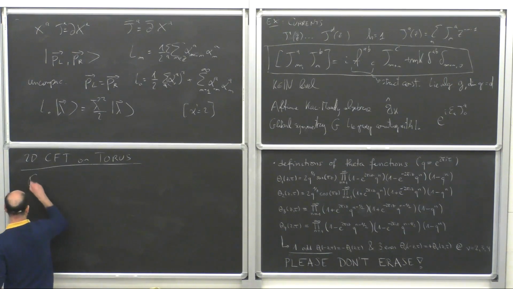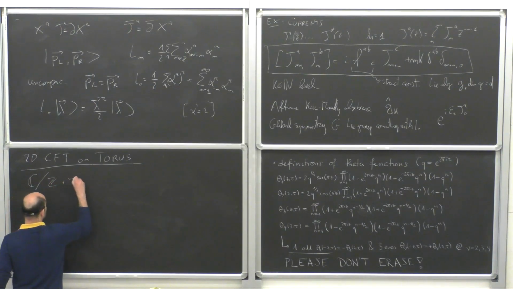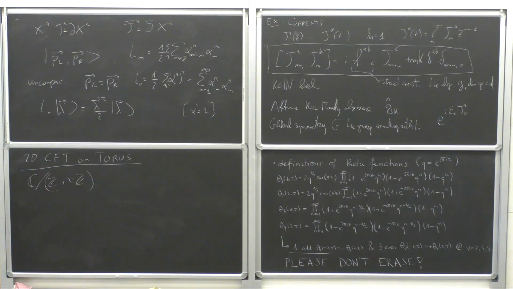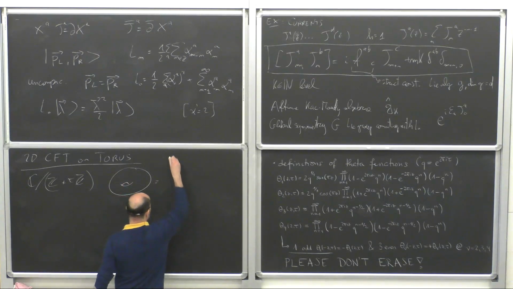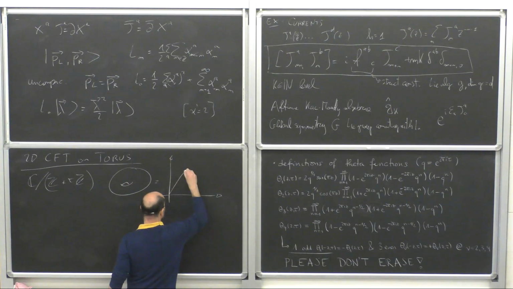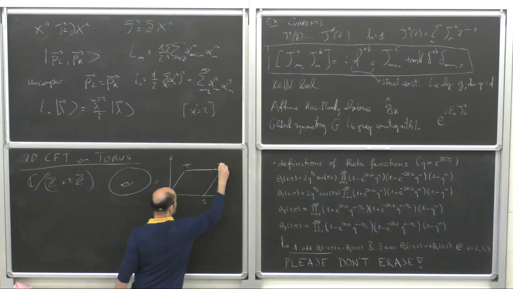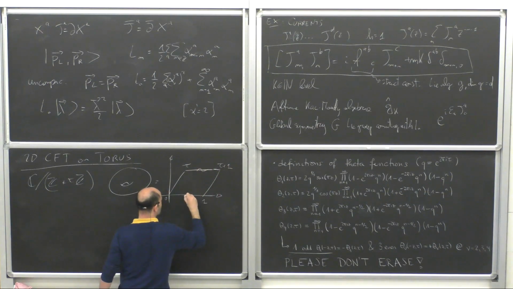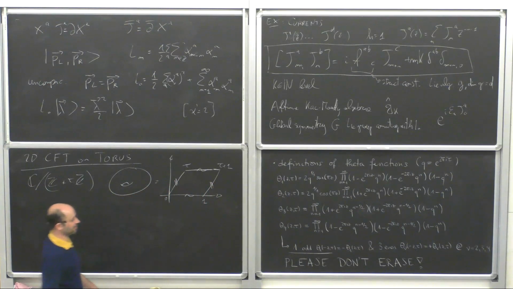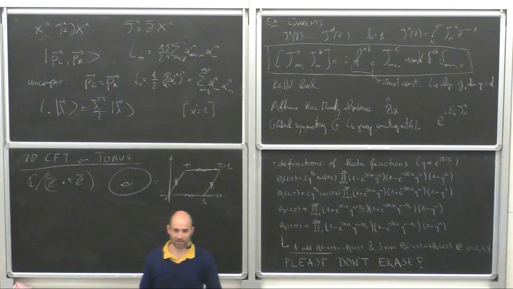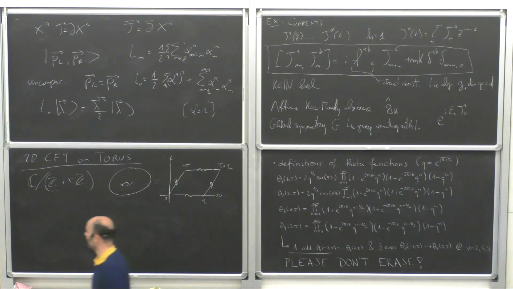We can describe every torus as a quotient of C by a lattice. So a torus corresponds to a parallelogram with vertices 0, 1, tau, tau plus 1, with opposite sides identified. What we want to compute is essentially the most stupid correlation function on the torus, that is, a correlation function with no operator inserted. So the vacuum correlation function.